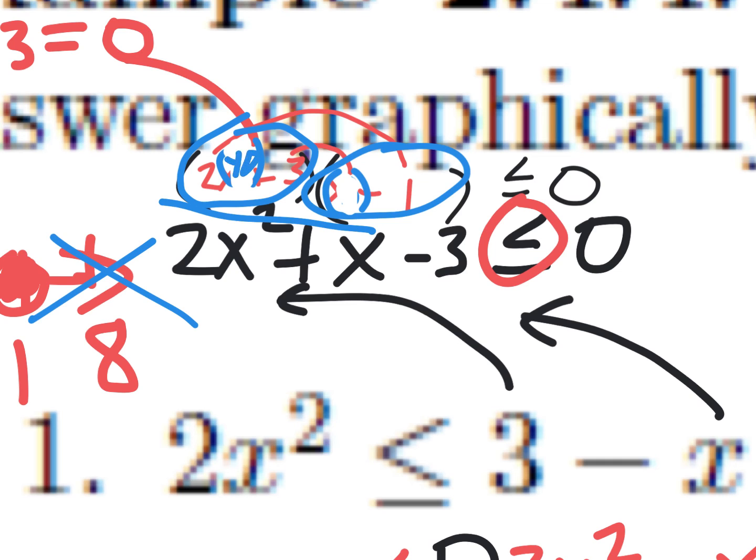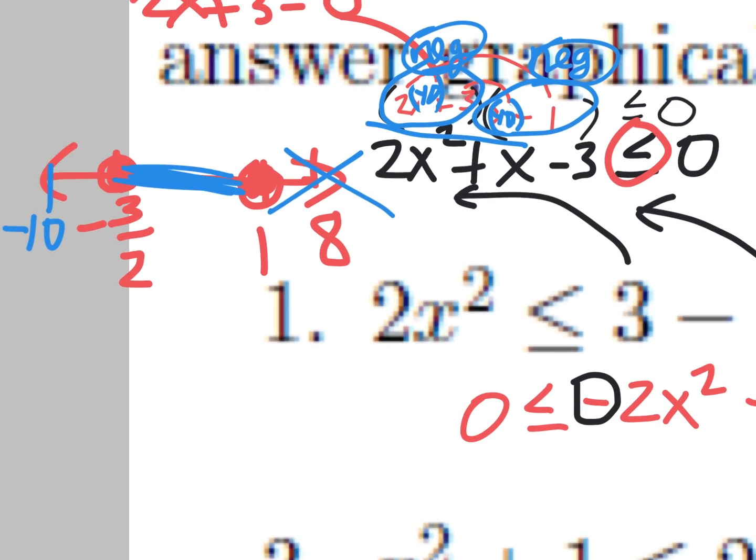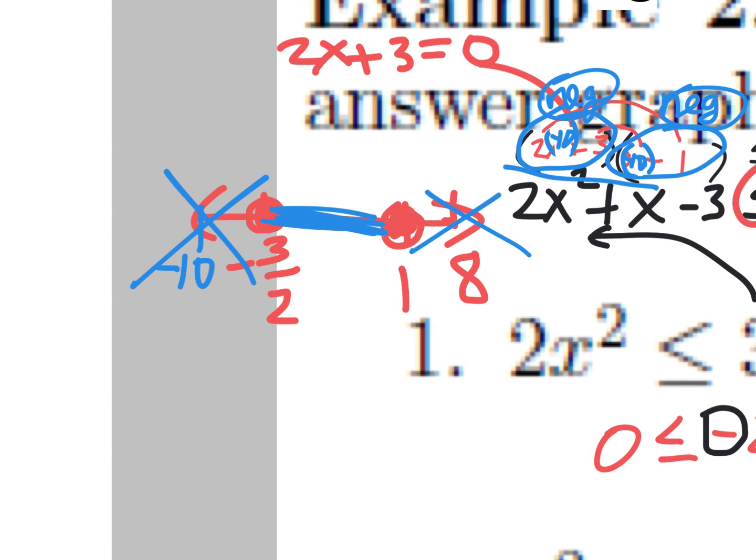You're going to get negative on the left, and then on the right, you'll get negative. What's a neg times a neg? It's positive. Is positive less than 0? No. Nope. So we know that didn't work, and it is the inside ones. That was what I was supposed to teach you today. And I feel like you've got it.